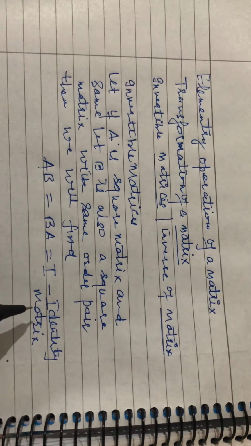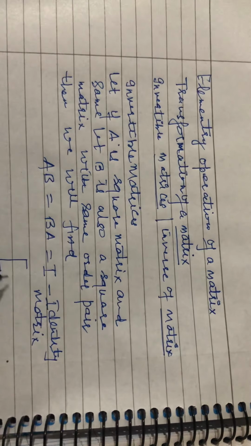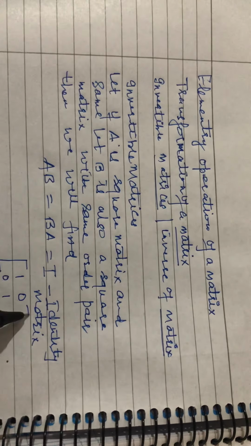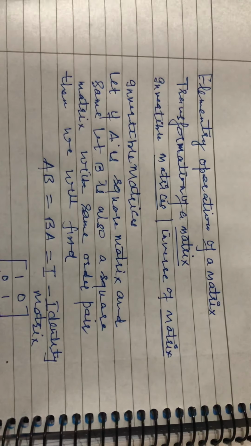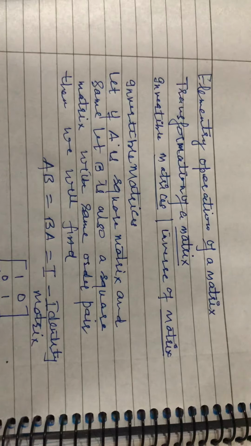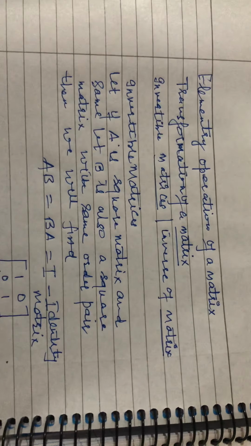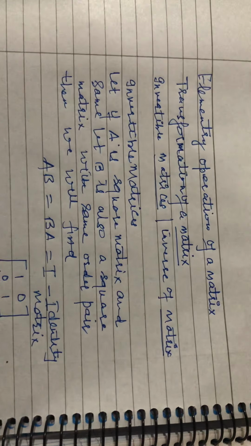I denotes the identity matrix. If the order is 2 by 2, the principal diagonal is always 1, 1. If the matrix is 3 by 3, then all three ones are there.